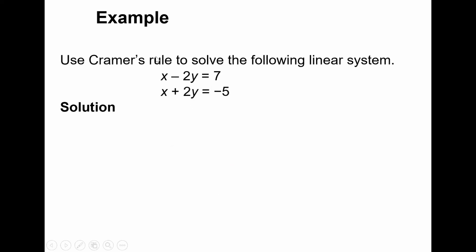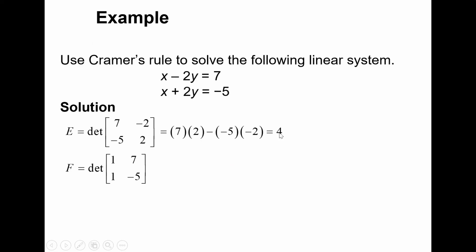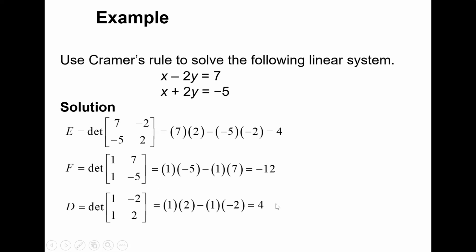That's going to give us the solution to this 2 by 2 fairly quickly. So what if we do this one here? Well, E is going to be the 7, minus 5 and minus 2, 2, and we work that out and we get 4. Now F is going to be the 1, 1, 7, minus 5, so that's minus 5 minus 7, which is minus 12. And our last one, D, is going to be the 1, minus 2, 1, 2, so that's 2 minus minus 2, which is 4.